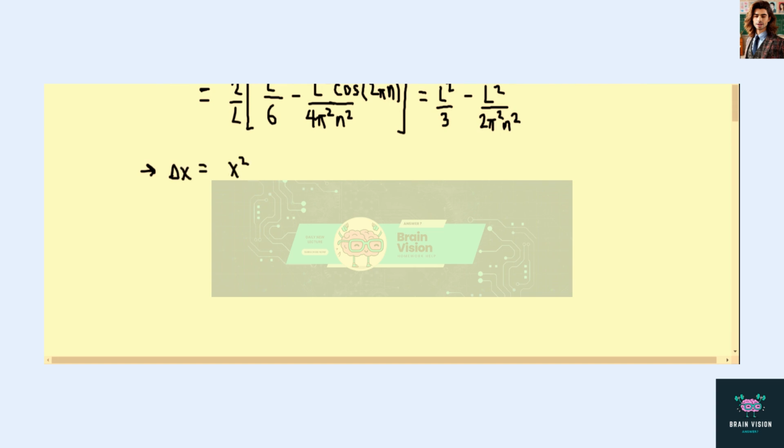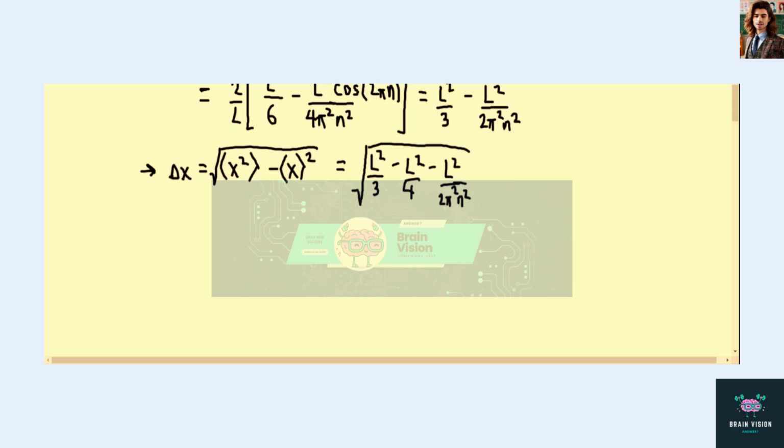So the uncertainty, once again, is really the square root of the expectation value of x squared minus the expectation value of x, squared. And when you substitute in what we have, you get the following, which can be simplified somewhat.